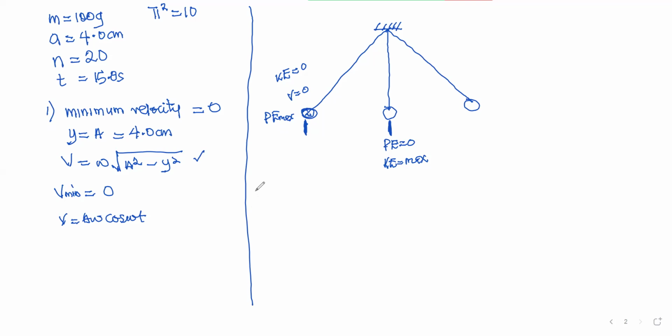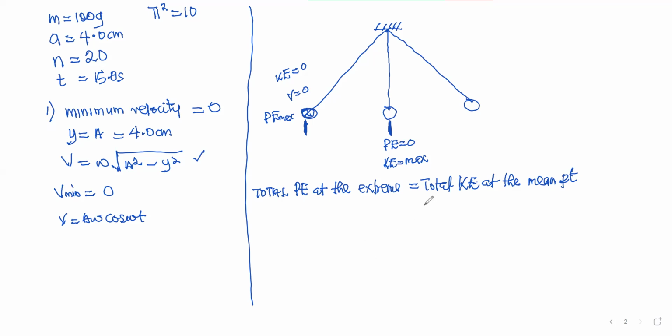Because a drop in one form of energy is a gain to the other, total PE at the extreme must be equal to the total KE at the mean point. All right. So that's just it.